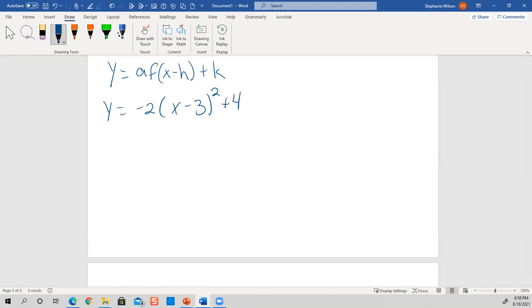Knowing this, we're going to look at each part, and this is what I like to do. I look at a, which is negative. What does it tell me? If a is negative, then I have some shrinking going on. In this one, with my x, the h is minus 3, so we're moving horizontally, to the right.